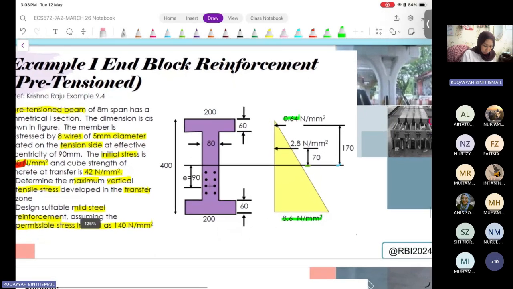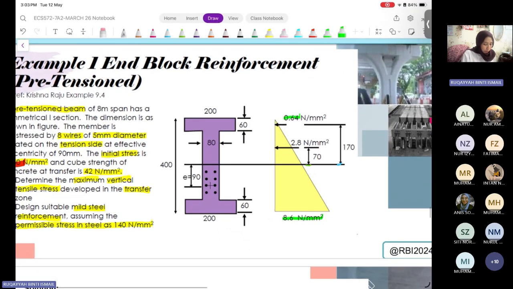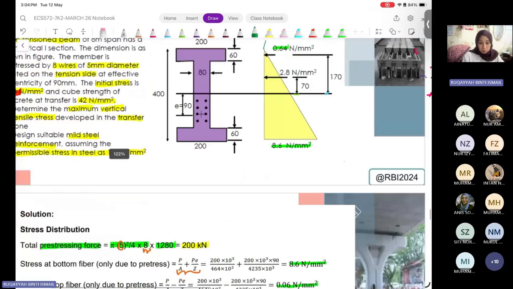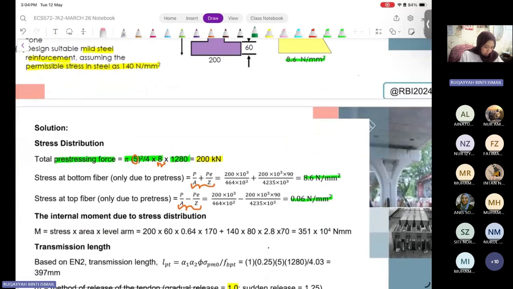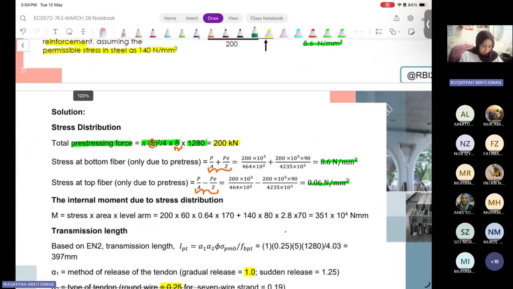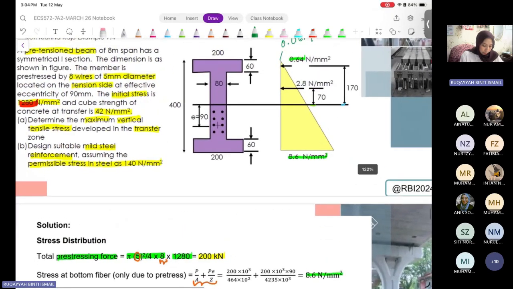Sorry, it is correct. So at the top, we get zero. The 0.006 Newton per mm square is actually equivalent to zero. Okay, are we clear up to that?